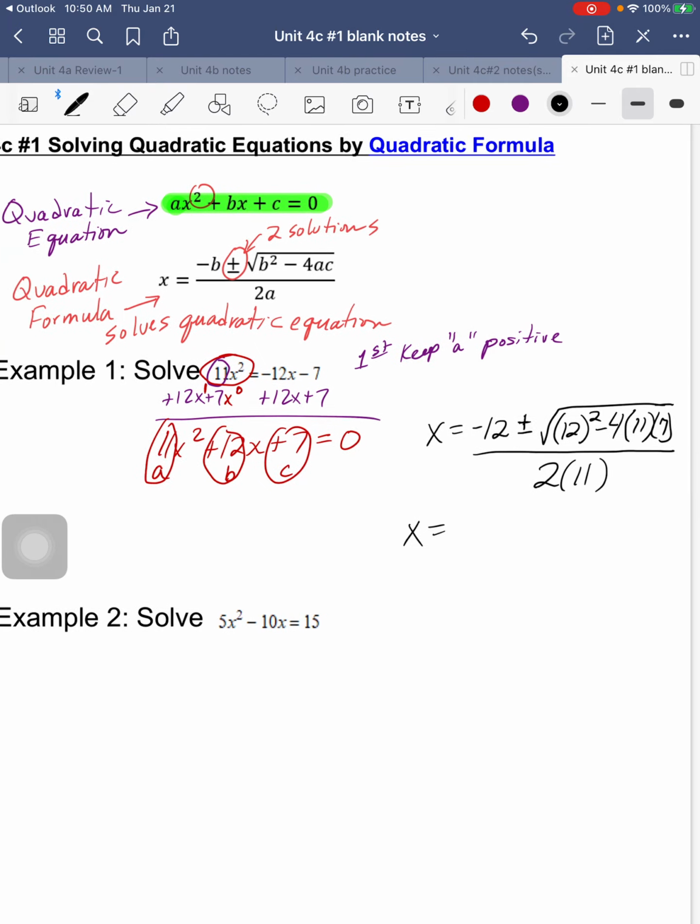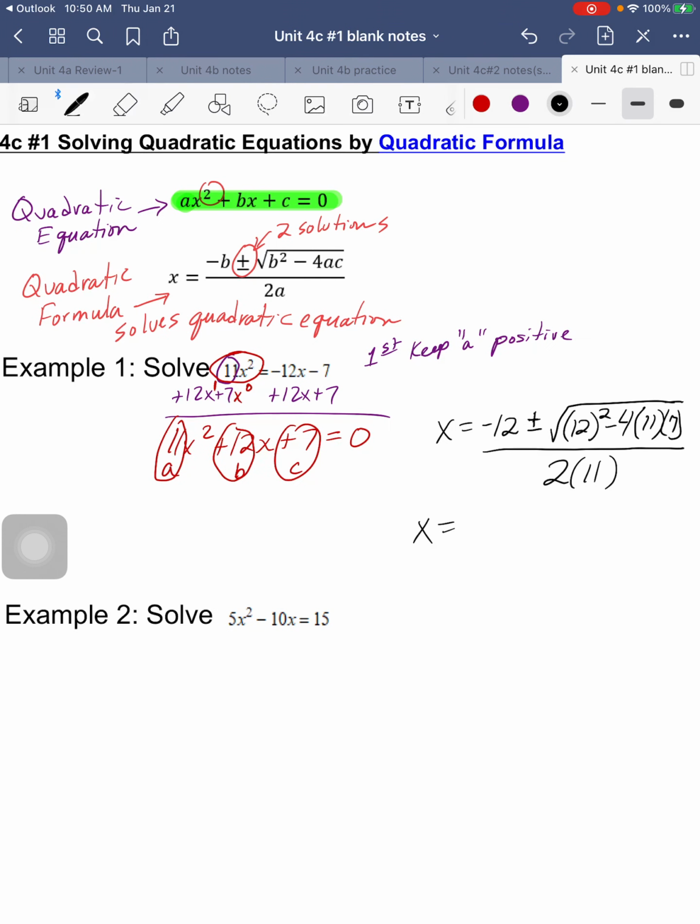All right. Now the steps I'm taking here to simplify don't have to be the ones you take, but the way I work it out, it's the exact same process every single time, no matter what you encounter underneath the radical. So the first thing I do is I square, so 12 squared is 144.